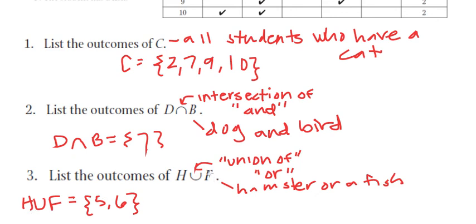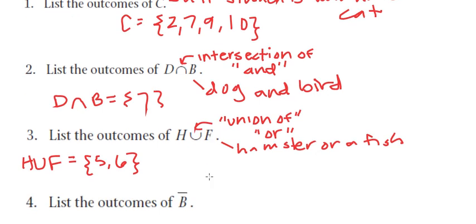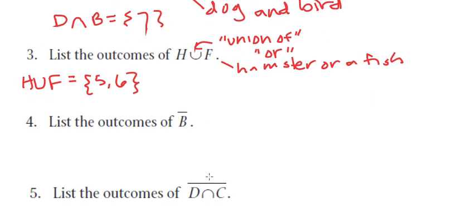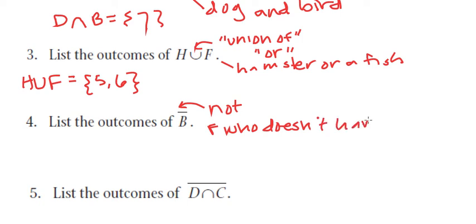All right, so in the next one here, you have a new symbol, and the line above the letter basically means not. So here it's saying not bird. So this is saying who doesn't have a bird. So again, the line is always going to mean not.